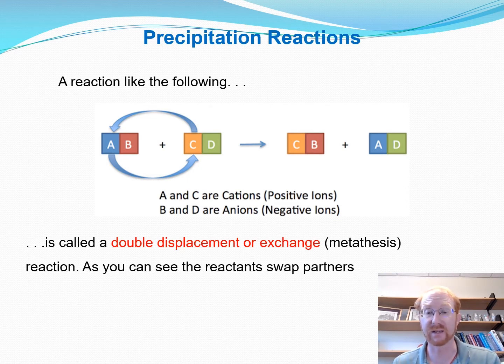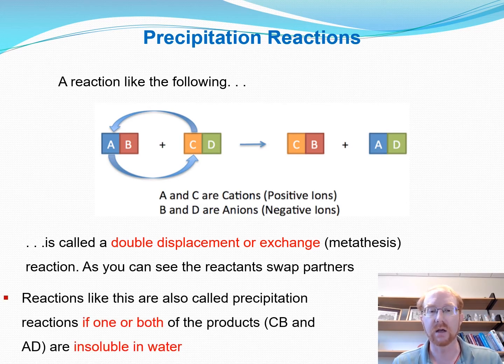We don't actually have to give you what the products are. If you understand what precipitation reactions are, what that term describes, we just take our cations and swap partners. And that's all we need to do. And then based on that, we see that either CB or AD is insoluble, that means it's going to precipitate out. And that's where we need to know our solubility rules.